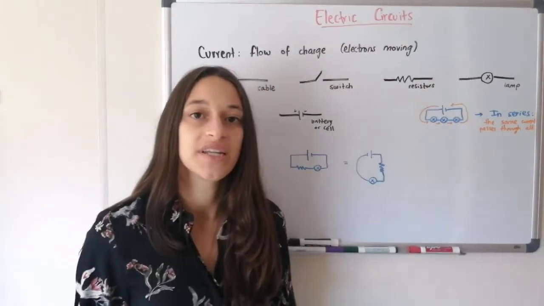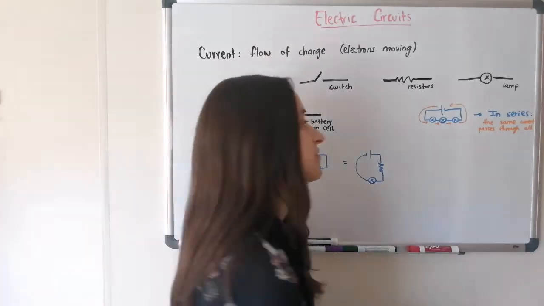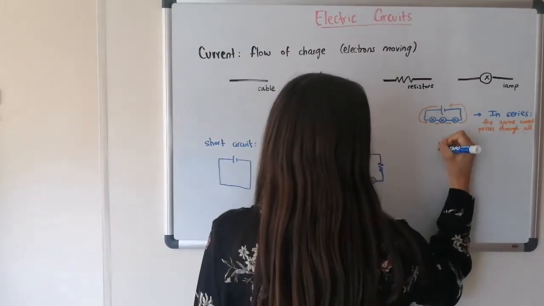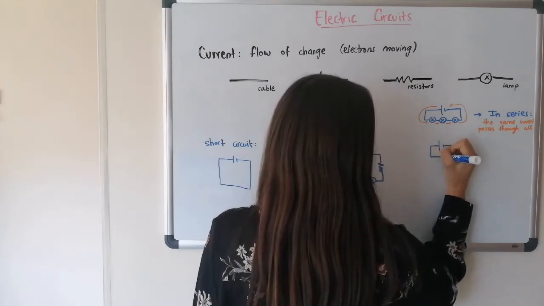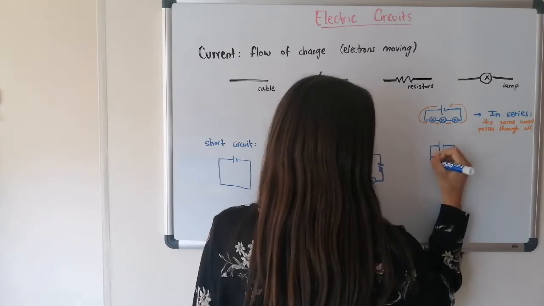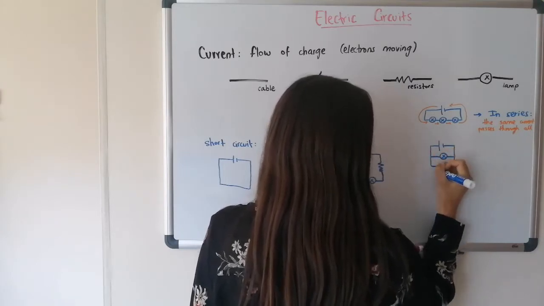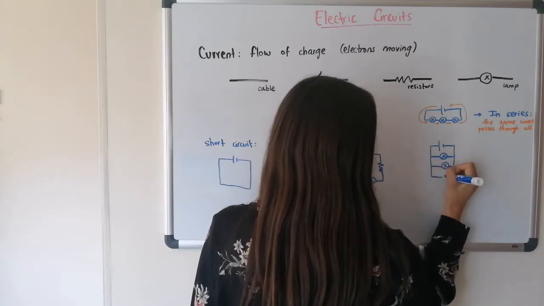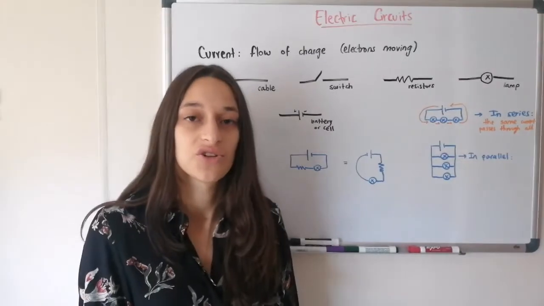But we could also connect three lamps in a way called in parallel. So it looks like this. This circuit has the same components as the circuit on top.